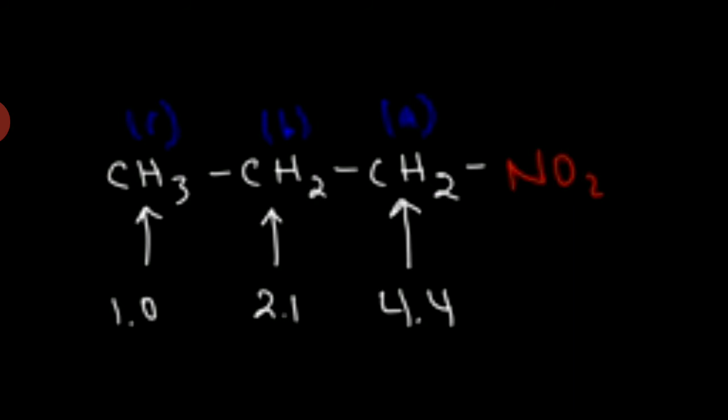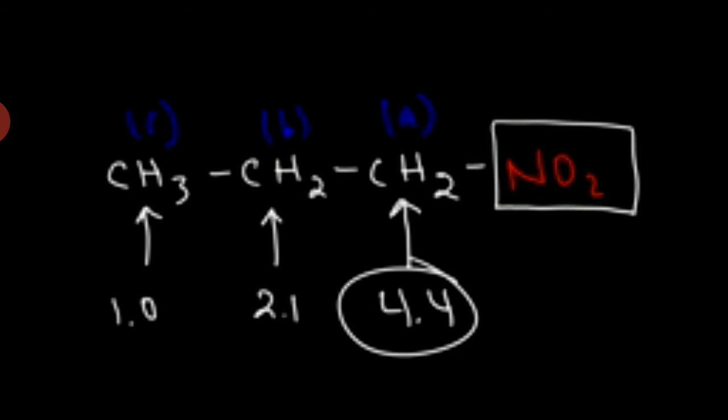So the effect of deshielding is very less for CH3 protons labeled as C, and the CH2 protons labeled as A, which are directly attached to the nitro group, will appear at the downfield side.